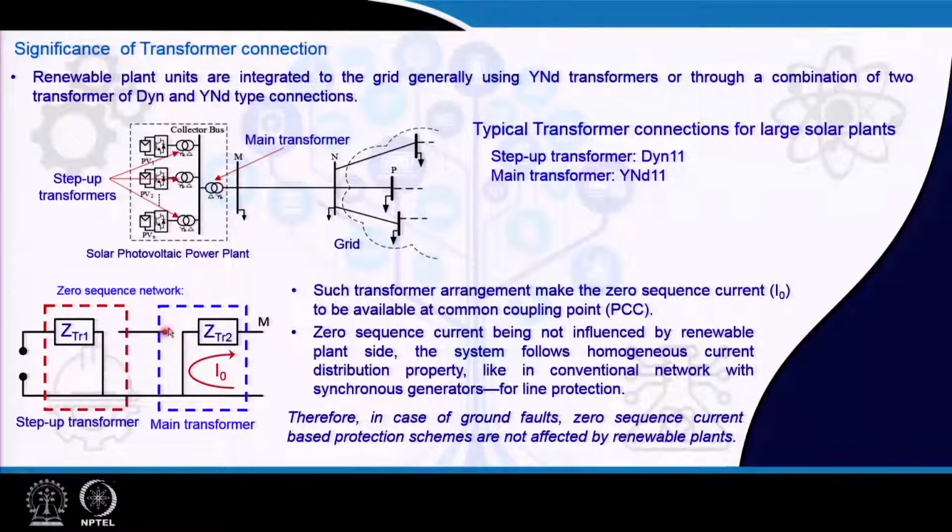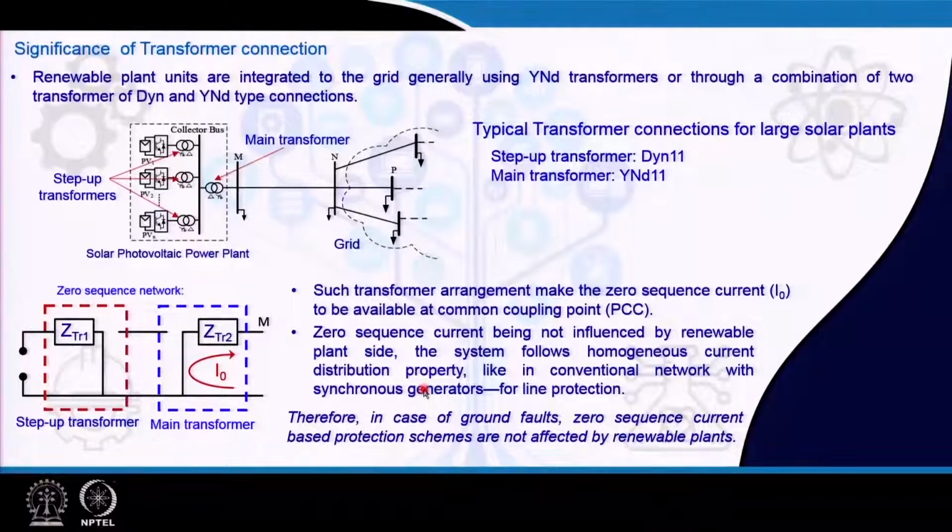You see here from this part only that the main transformer impedance is not associated with the grid side impedance. Therefore, it is not influenced by the renewable plant and the system follows homogeneous nature, as we have already discussed in our earlier transmission system protection. So this is only related to the zero sequence perspective.